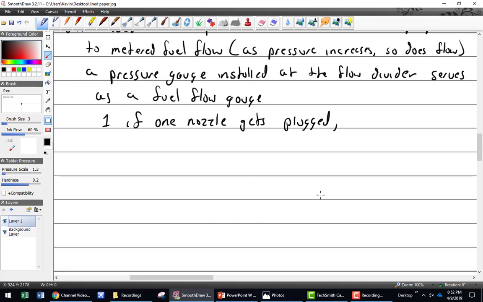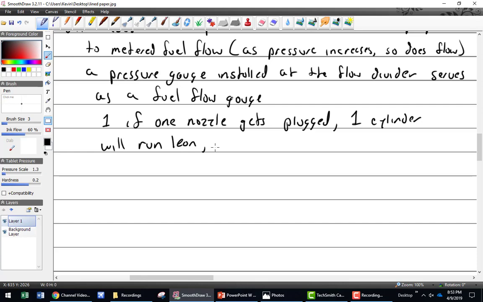So if one nozzle gets plugged, one cylinder will run how? Lean, okay. But here's a funny thing. The servo is working off pressure, right? So it's thinking, gotta have the right pressure, so it's working hard.